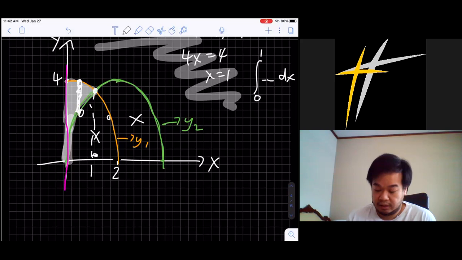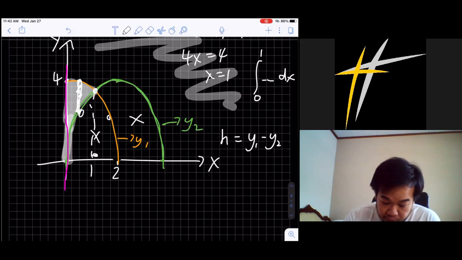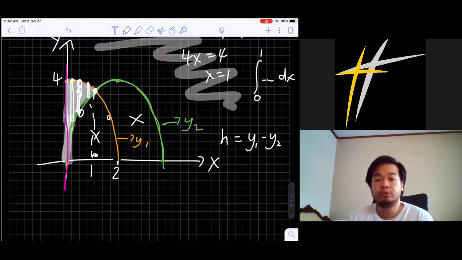The height will always be y1 minus y2 in this case. So it's actually easier. And wherever you pick the sample point, whether you pick it here or here, it's always the same: the height will be y1 minus y2. So you just need to do it once. So let's do it.